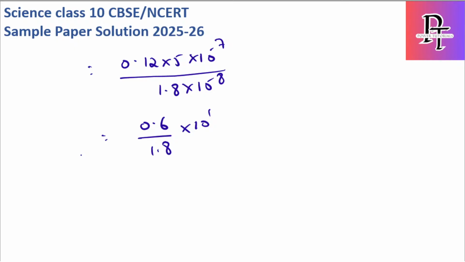Okay, so 0.6 into 10 is 6 by 1.8. Let me check if I made any mistake. 0.12 into 5, 0.6, correct. 1.8, okay, 0.6 into 10 is 6, not 60.